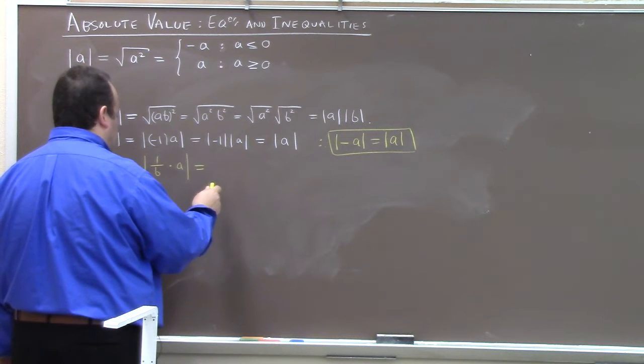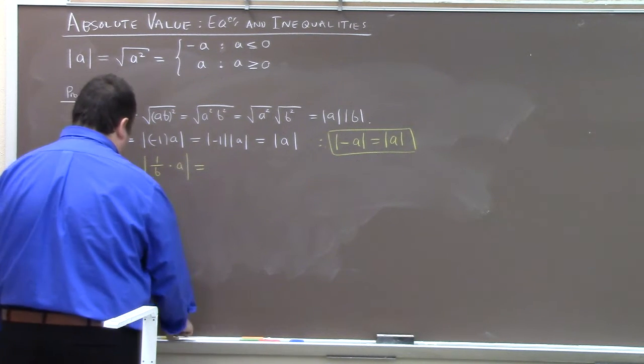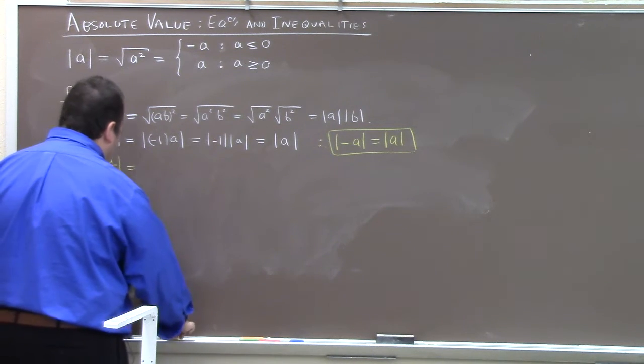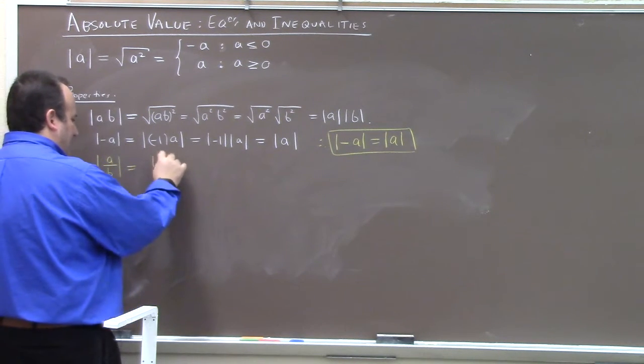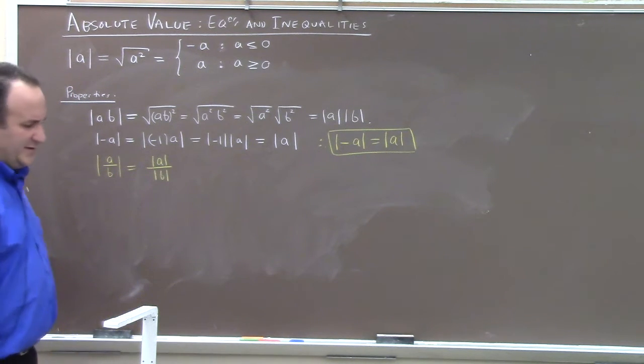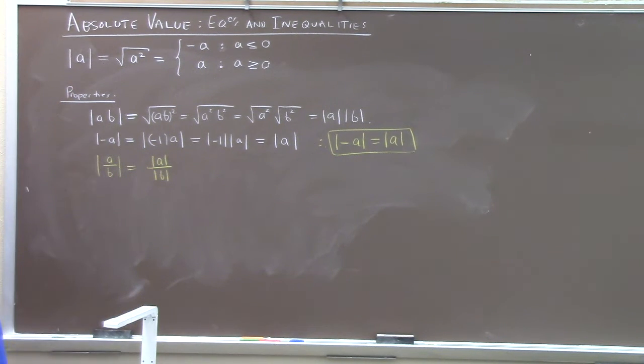I'm sorry, I said I was going to do one proof today. So anyway, here it is. Absolute value of a over absolute value of b. I mean, I could try to derive it, but that's really kind of beside the point here, so let me stop wasting your time. So this is a property of absolute value. Absolute value of a over b is the absolute value of a over the absolute value of b. That's good to know.